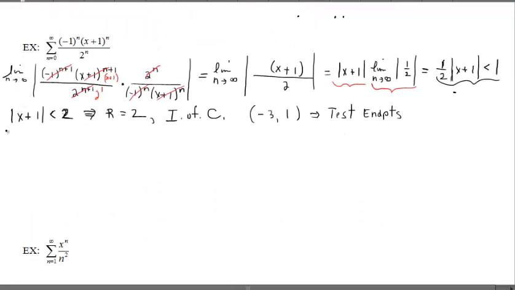So let's let x be -3. Okay, if x is -3, I'll put that in there, but let me get the rest of the nth term.